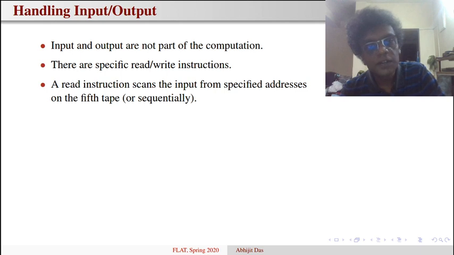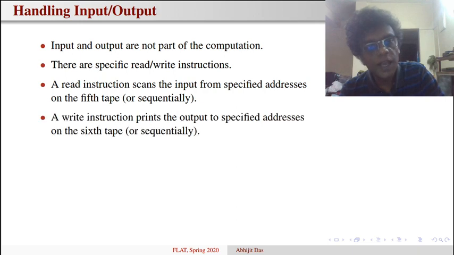A read instruction scans the input from specified addresses on the fifth tape. You may specify some address and read from this place, or you may keep on reading one by one. This fifth tape is the input tape. Likewise, a write instruction prints the output to the specified addresses of the sixth tape, or sequentially.